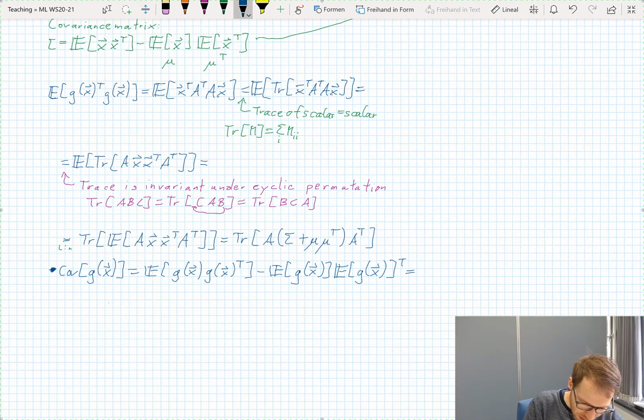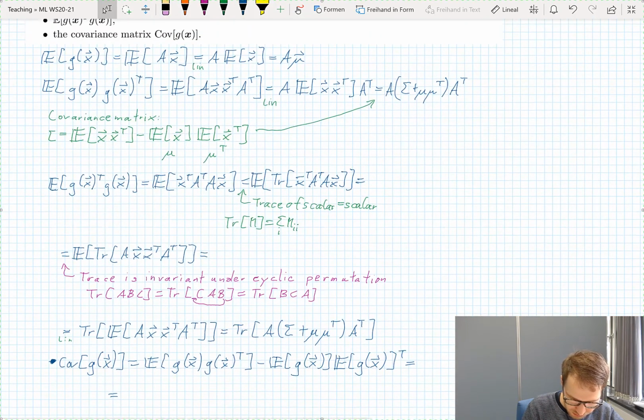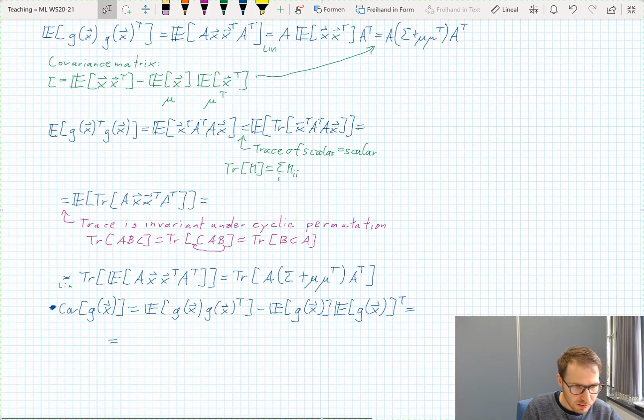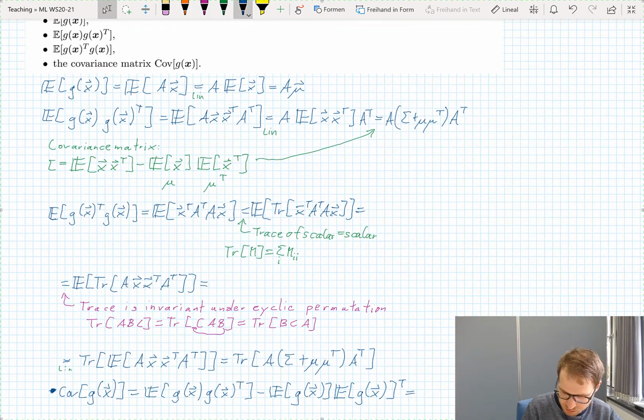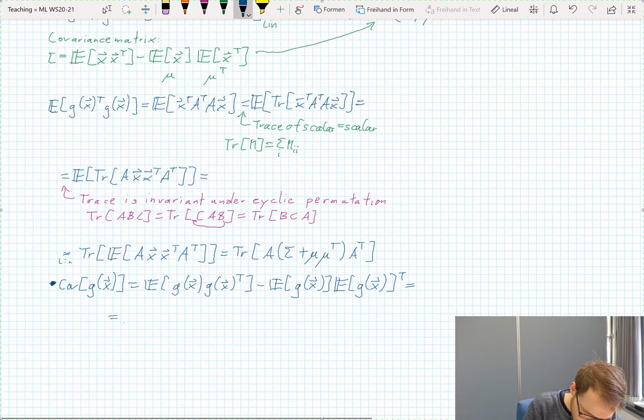So we've solved all the parts, we just need to find them. So this is g g transposed, that's what we did here, right? Wait, not here, that's g transpose g, that's what we did here. So that's A times sigma plus mu mu transposed times A transposed.